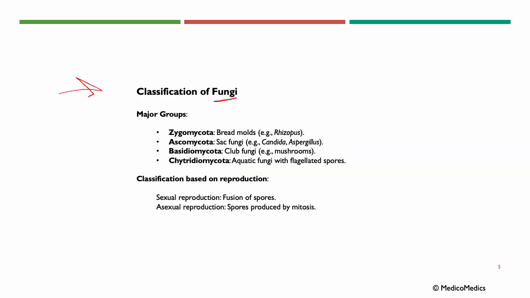Now, how do we classify fungi? Well, we have these major groups: Zygomycota, bread molds like Rhizopus, Ascomycota, sac fungi like Candida or Aspergillus, Basidiomycota, club fungi like mushrooms, and Chytridiomycota, aquatic fungi with flagellated spores.